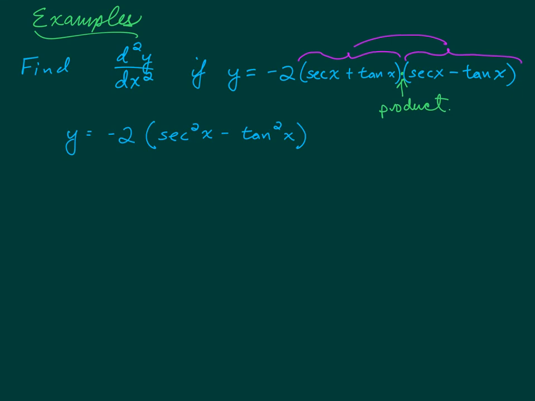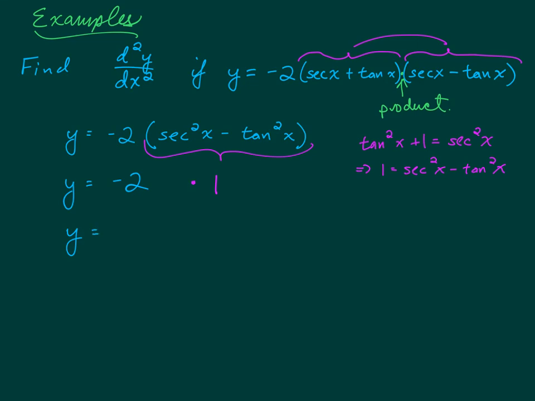And if you can remember from a few slides ago, the Pythagorean identity that involves secant squared and tangent squared, as tangent squared x plus 1 equals secant squared x, if you subtract tangent squared x from both sides, you can see that secant squared x minus tangent squared x equals 1. So I'm going to make this whole substitution here for 1 times this negative 2. So finally, we just have this y function equaling negative 2.